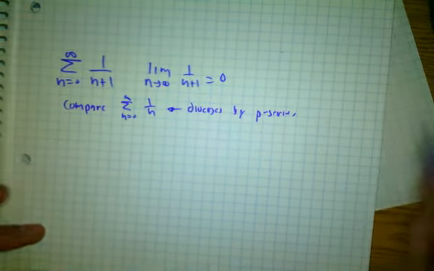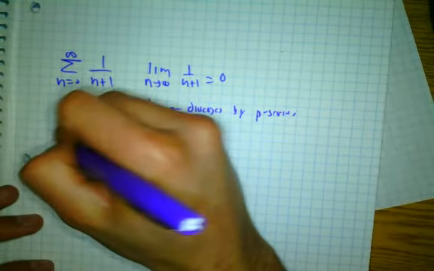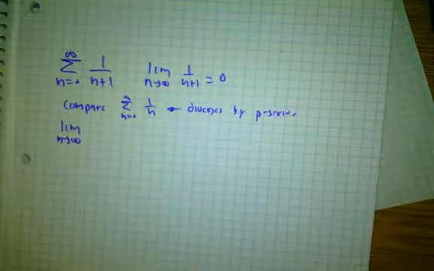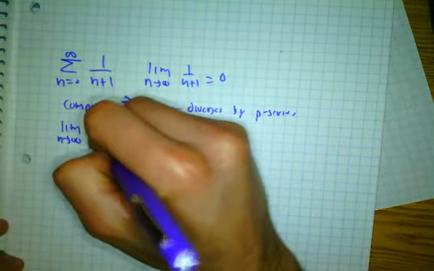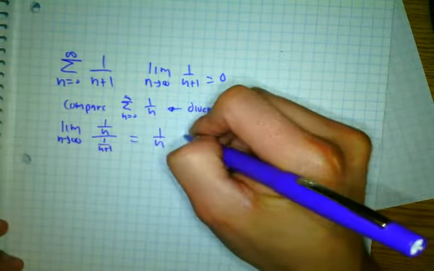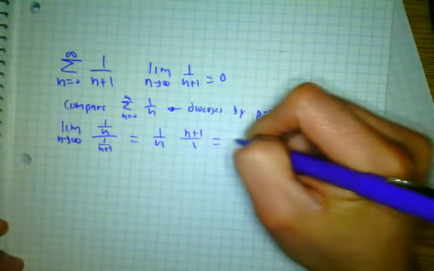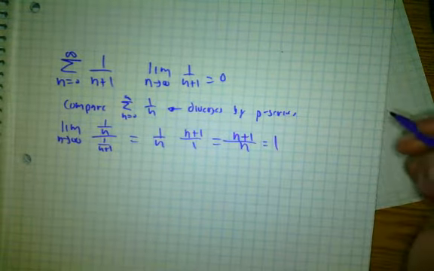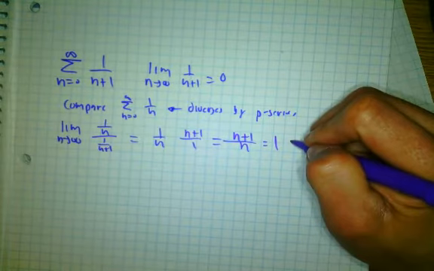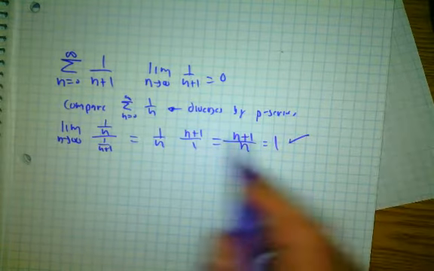You're going to take the limit as n approaches infinity of 1 over n over 1 over n plus 1, which is n plus 1 over n. I'm sorry, n plus 1 over 1, which is 1. And we know that it's positive and finite. Since this diverges, this diverges.